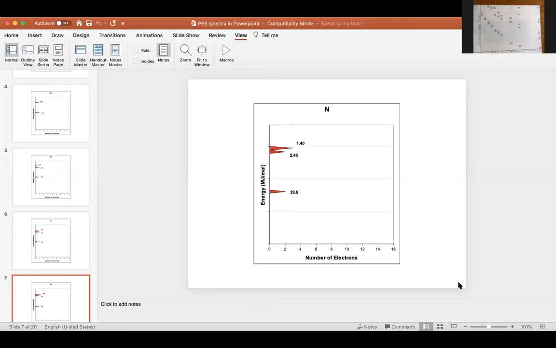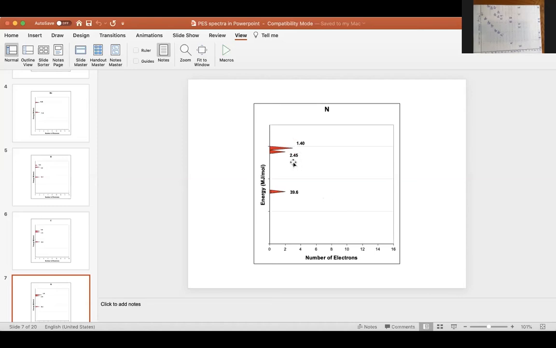Okay. So here's nitrogen. We had 3 peaks, 1.4, 2.45, and 39.6. And what do you notice that's different about this one? That first peak, the 1.40 energy peak, goes all the way to 3 electrons, I believe. Yeah, sure does. So in the first peak, we've got 3 electrons.